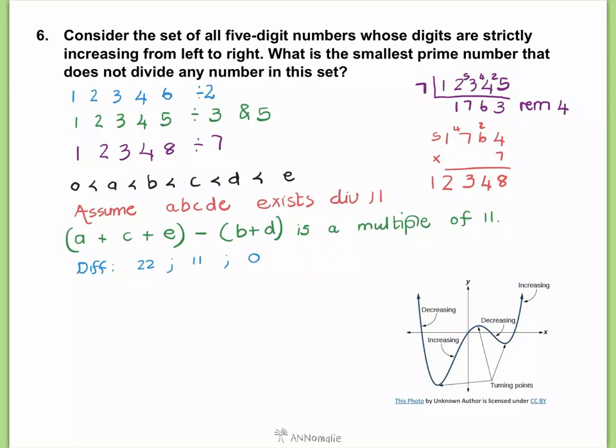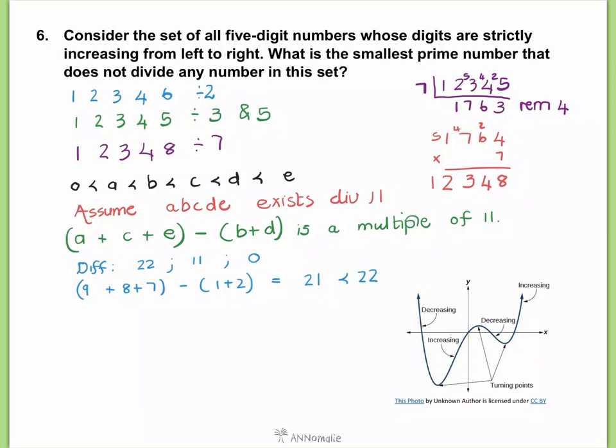0 is not possible because these digits are strictly increasing. Now, the largest value of A plus C plus E is 9 plus 8 plus 7, and so the largest value for this difference is 21, which is less than 22, so that is not an option.